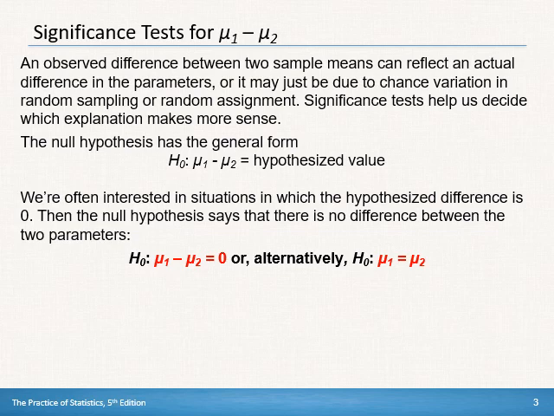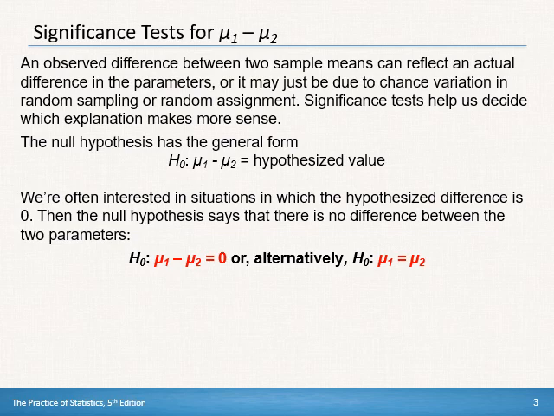The null hypothesis here is going to be that mu sub 1 minus mu sub 2, the difference in the means from the two different populations, is going to be some hypothesized value. Now, more often than not, that hypothesized value that we're going to be interested in is 0. Now, a word of caution: we're going to show you how to use your calculator to do the significance test for difference in two population means.